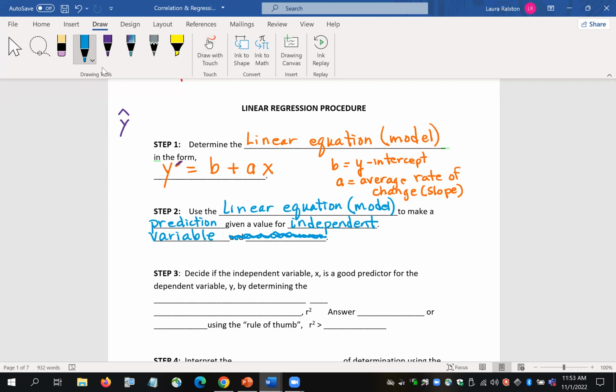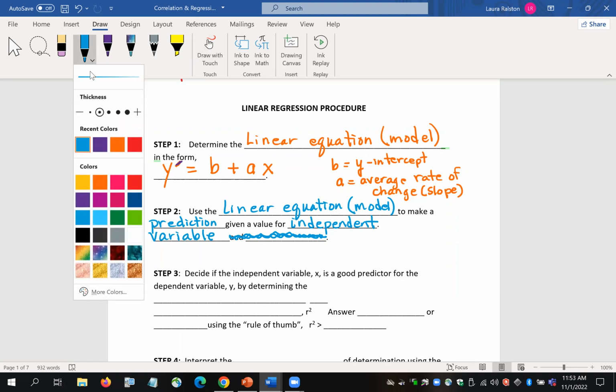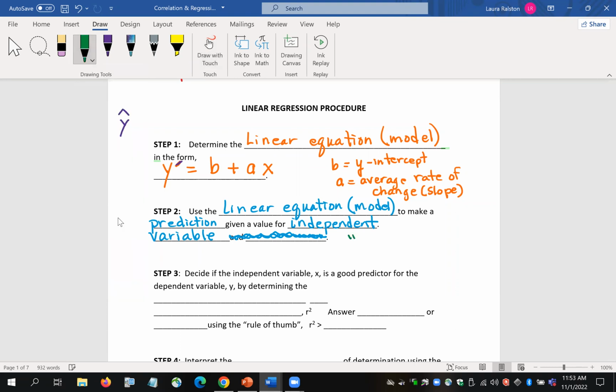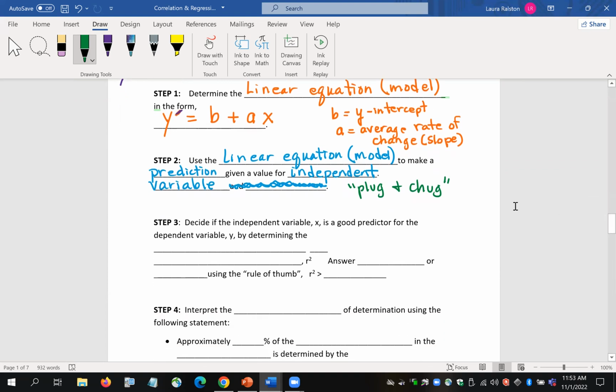Guys, basically this step 2, it is a kind of a hand calculation, but you're plugging and chugging. You're going to take the value that you're given and substitute it into the model. Now, we do need to talk about what values can you use.